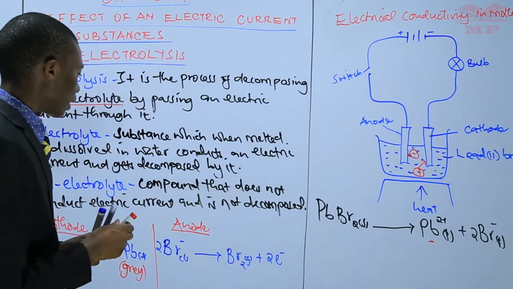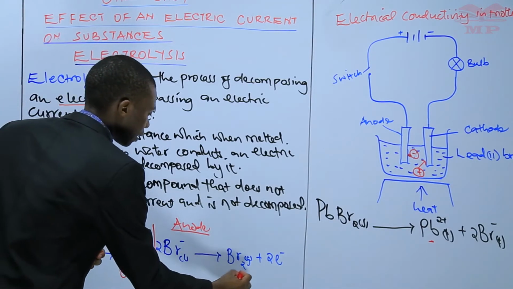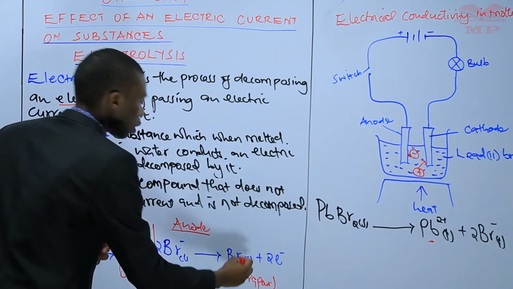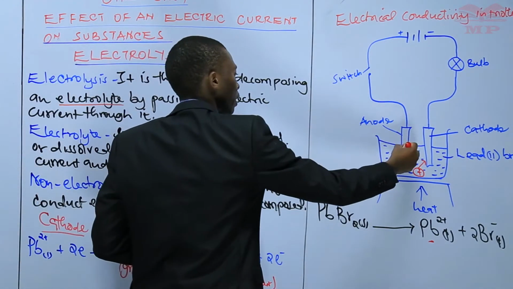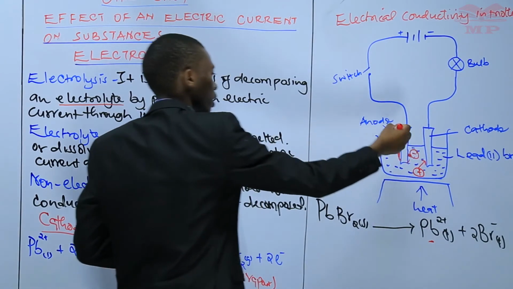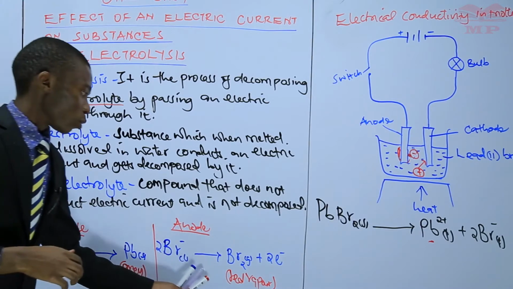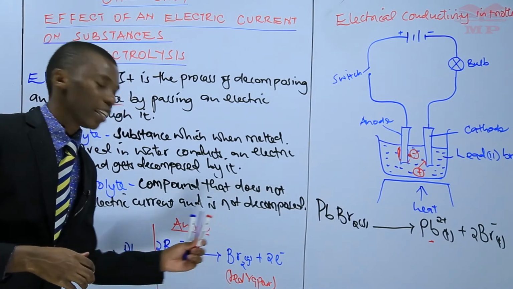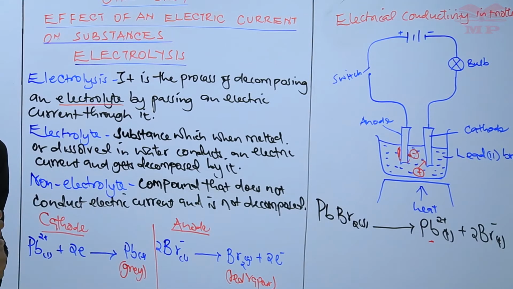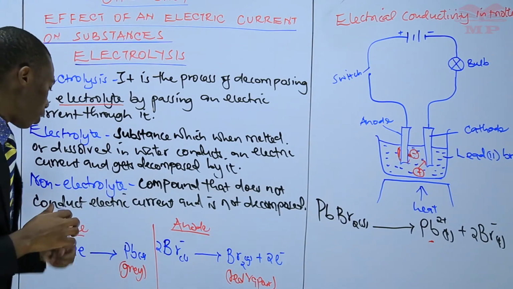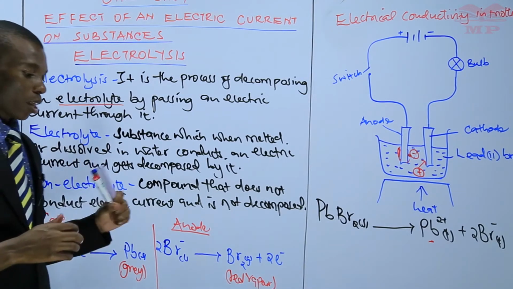This bromine gas is red in color. It is just red vapor. Therefore, what is now observed at this anode is just red vapor around the anode. It is what is observed, and this is the equation at the anode. And therefore, that's what happens at both the anode and the cathode.